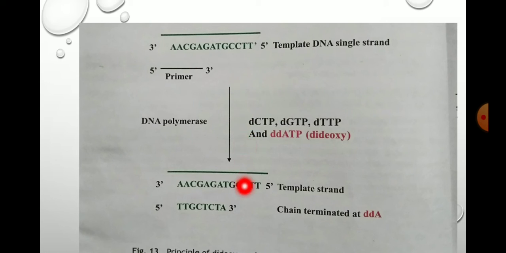Now see, this is the template strand. Now the copy is here. A is matching with T, A with T, C with G and so on. Now see here that the chain terminated at ddA, that is this point, we can say.